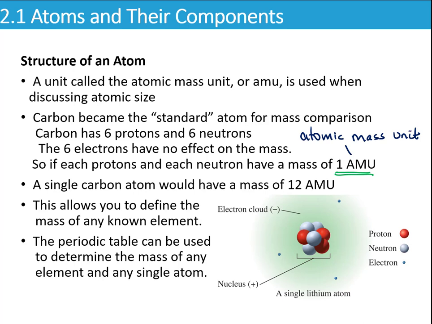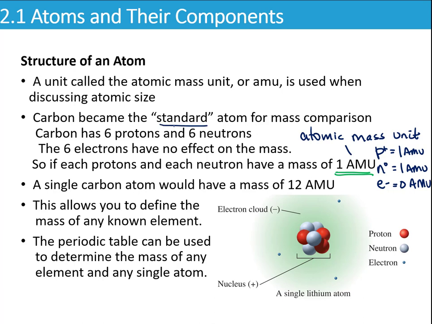And this is really this relative mass I was talking about. So we know that protons are going to have 1 AMU. Neutrons will have 1 AMU. But electrons, they really have none. Compared to protons and neutrons, they're going to have 0 AMU. So really, all of the mass comes from protons and neutrons. All of the mass of the atom is focused in the nucleus of the atom.